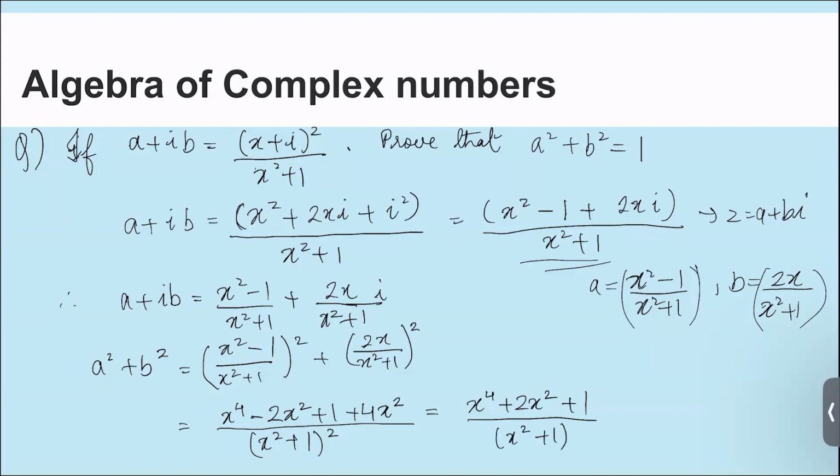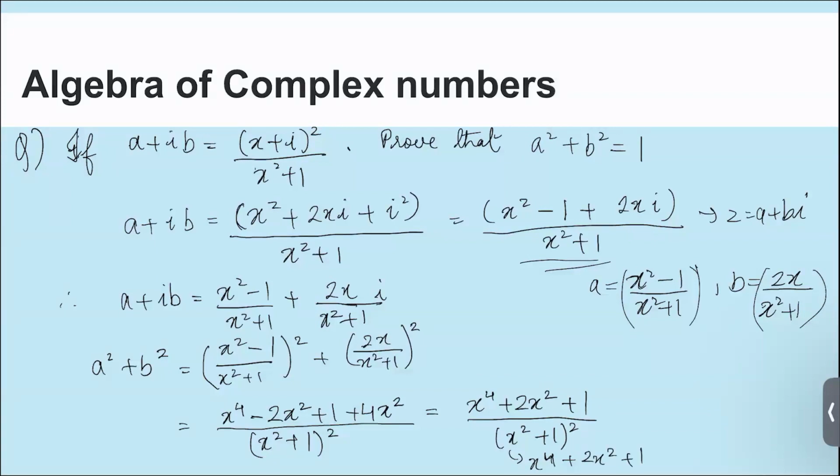Okay. Now, if we expand x squared plus 1 also, you will get the same expansion as what you have in the numerator, because if you actually expand x squared plus 1, you get x raised to 4 plus 2x squared plus 1.